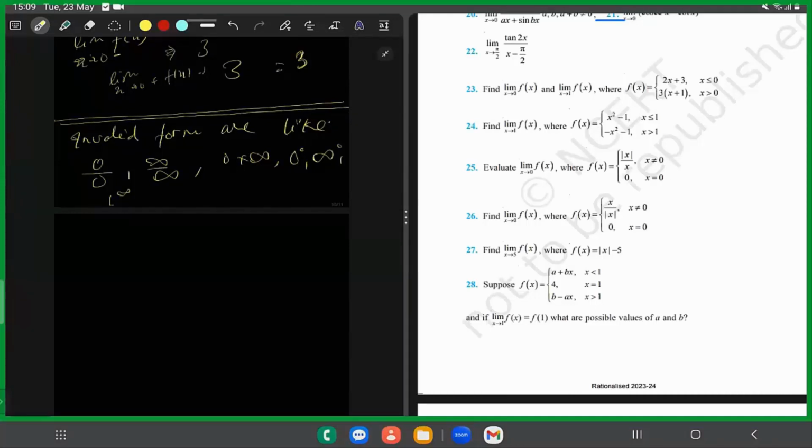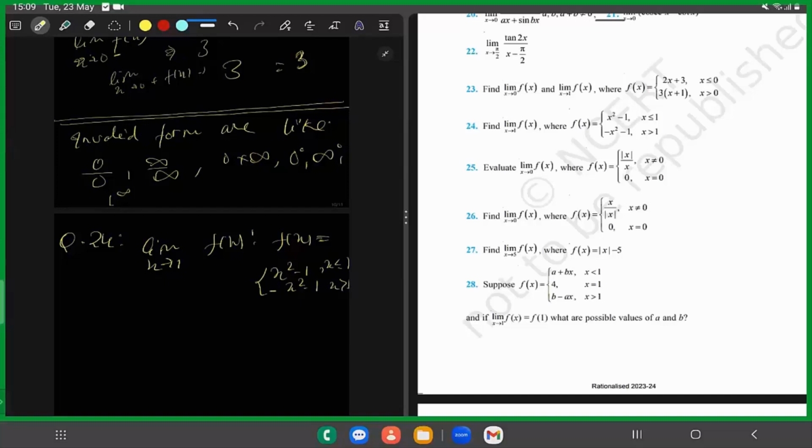So again we are given limit x tending to 1 of f(x), where f(x) is equal to x square minus 1 for x less than or equal to 1, and minus of x square minus 1 for x greater than 1. Okay, so these are two definitions of the function, and you have to find the limit.